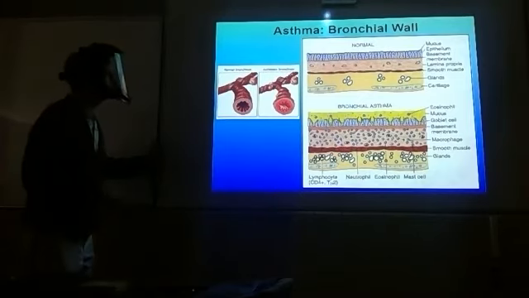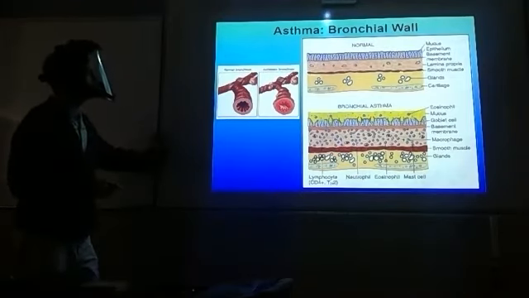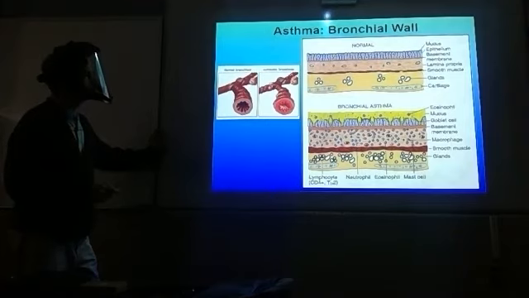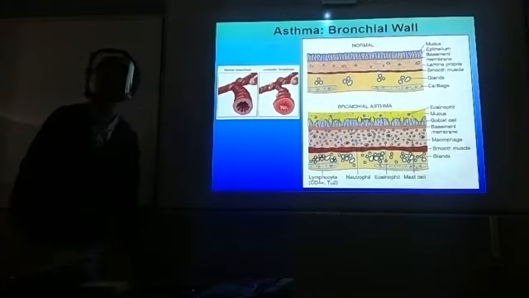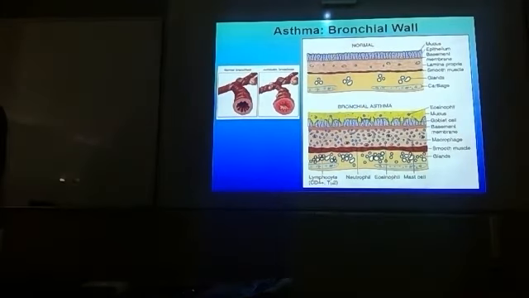Underneath that, you have the smooth muscle that controls the caliber of the airway. Remember, collectively, the epithelium, the lamina propria, and the smooth muscle layer, the muscularis mucosa, is referred to as the, what do you call these three layers? Epithelium, lamina propria, muscularis mucosa.